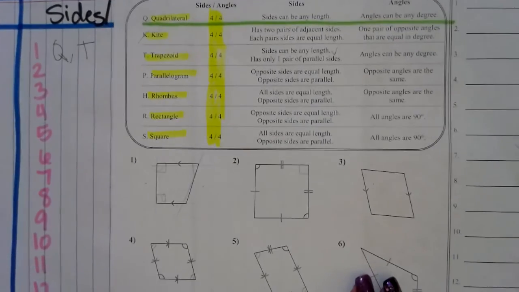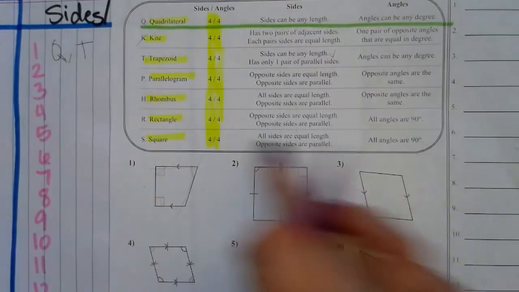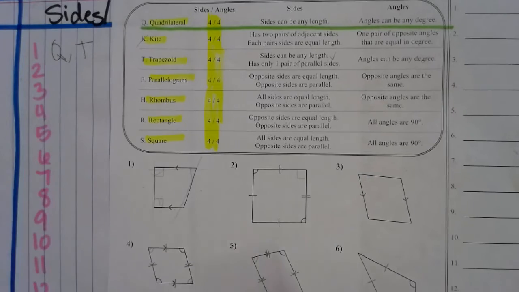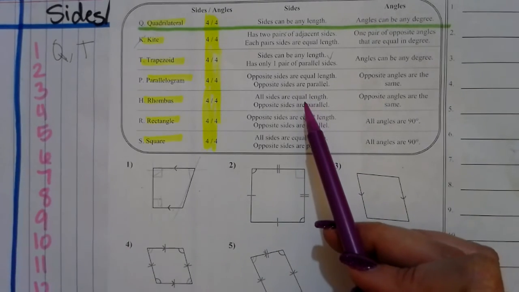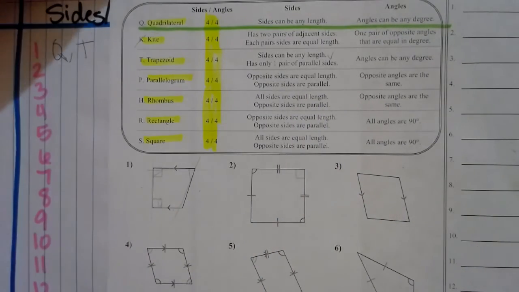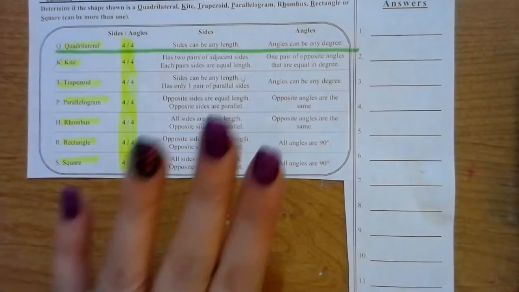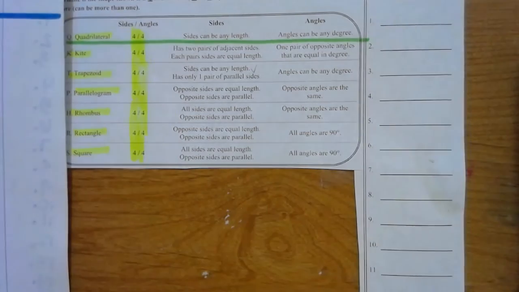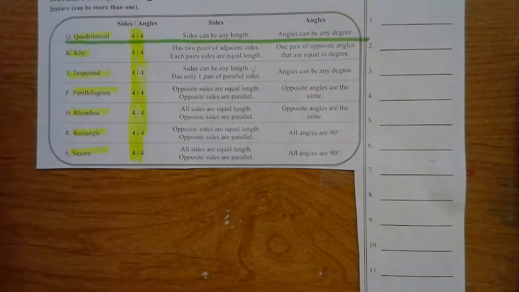Okay, so I'm going to show you the rule. Or you may have to rewind several times to go back to the rule so you can see the shape and the rules. So I'm going to show you the shape, go back to the rule. Actually, let me do this. So I'm going to show you the shape right here and keep the rules where you can see them. Remember that you are putting what it is. I'm going to give you a hint that all of them are quadrilaterals because they all have 4 sides.